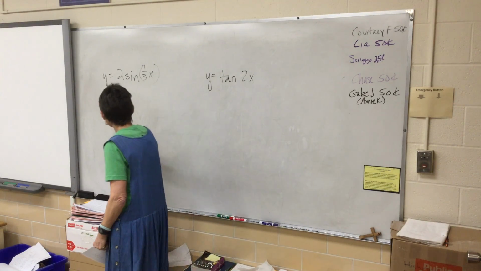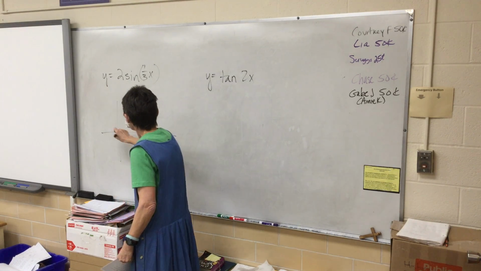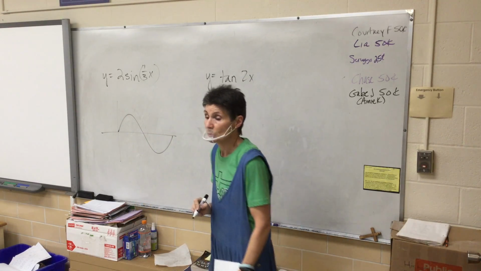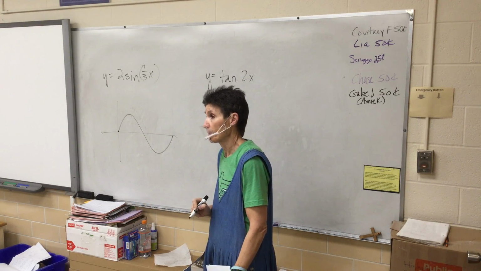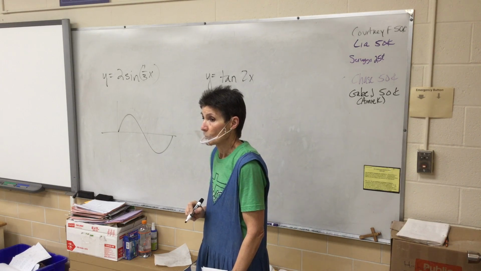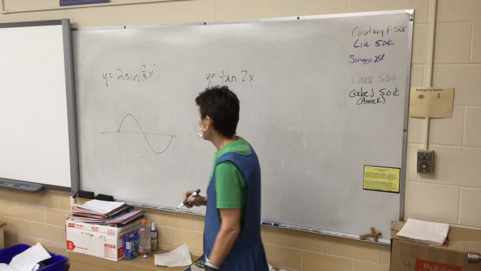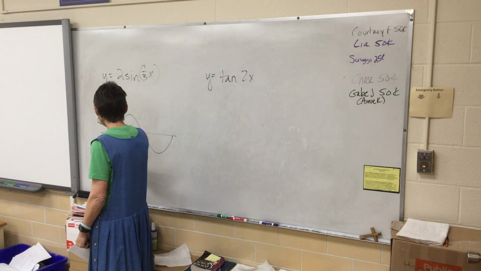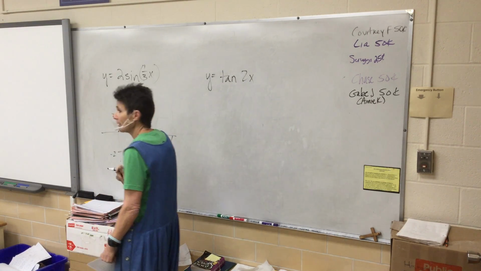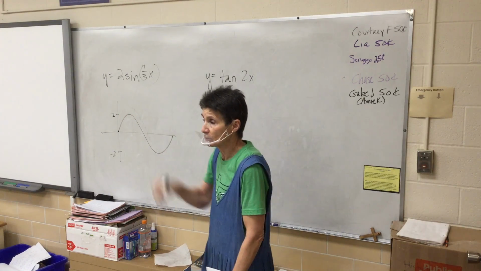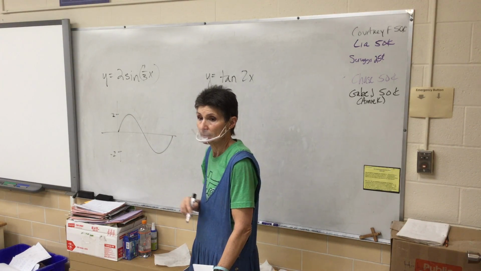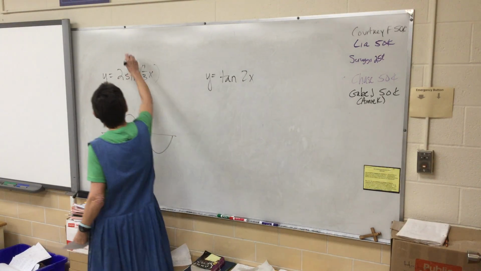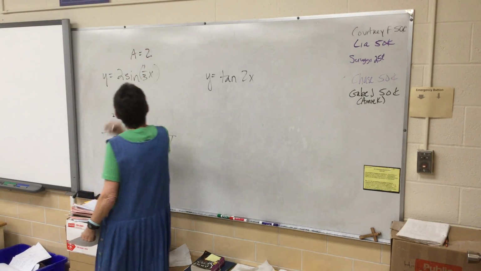Sine. First thing I'm going to do is draw my curve. That's what a sine looks like. Now, that number right there on a sine or a cosine tells me my vertical labels. That's also telling me my amplitude is 2.